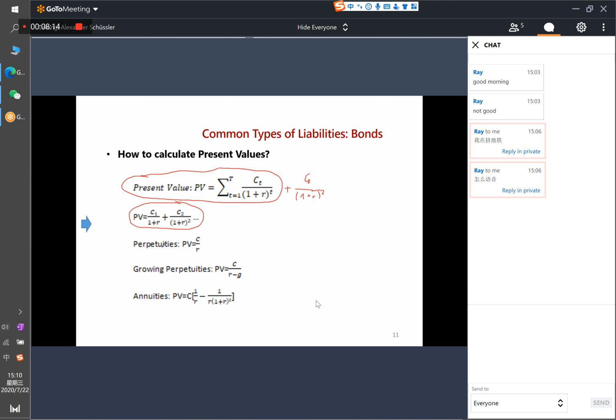Then we have a growing perpetuity, which is a cash flow stream that grows with the factor G and goes on forever. And then we have an annuity, which is the same cash flow in every year, but does not go on forever and ends at a certain point in time. So these are special formulas for these circumstances.